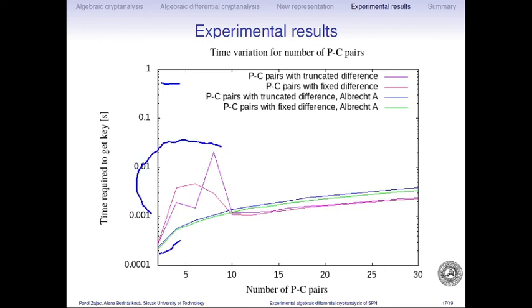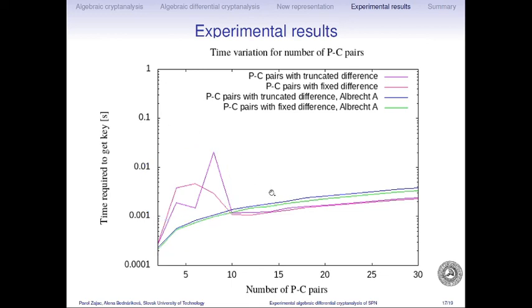In these cases, some systems were not rejected, unlike in Albrecht's method, but were solvable. Essentially, even if we do not have an exact required difference, we chose such a representation that some pairs are still valid and produce the key, because we only incorporated some differential information and did not restrict it to the exact difference.